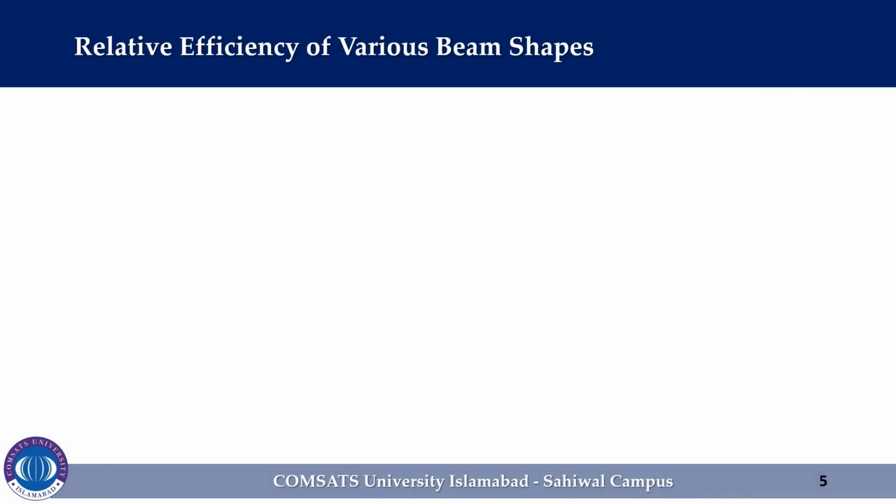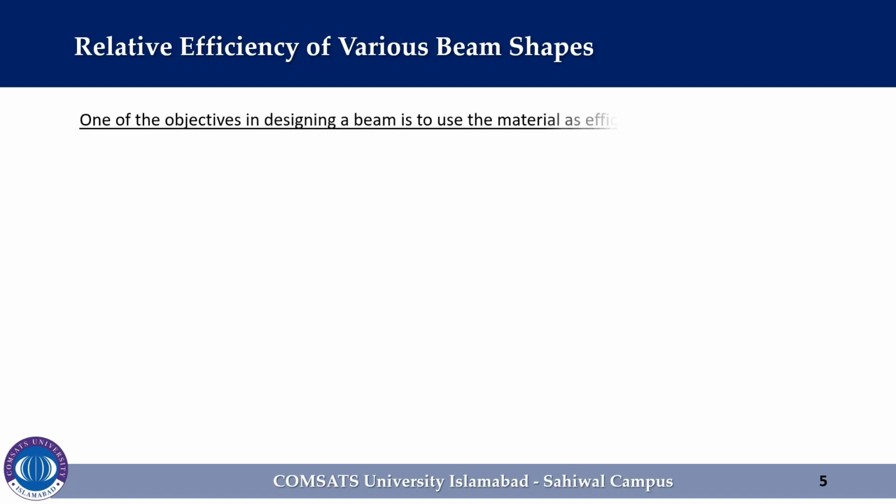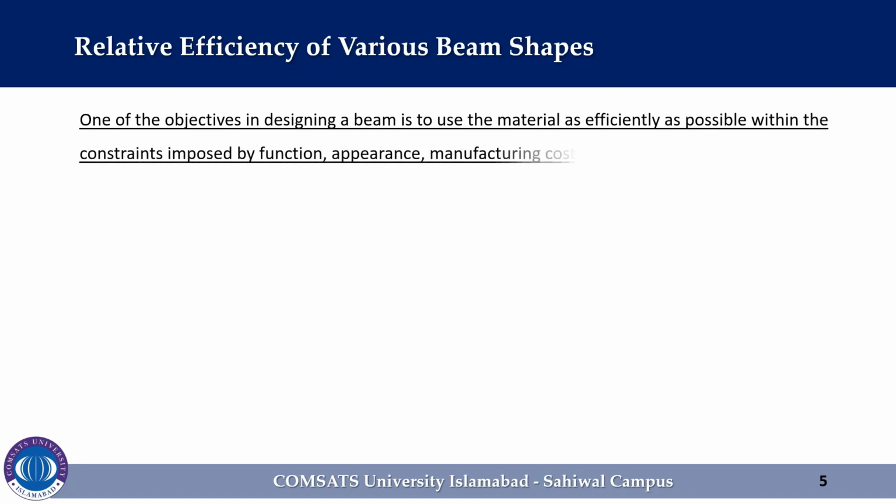Now we will move on to our next topic, relative efficiency of various beam shapes. One of the objectives in designing a beam is to use the material as efficiently as possible within the constraints imposed by function, appearance, manufacturing costs, and the like. From the standpoint of strength alone, efficiency in bending depends mainly upon the shape of the cross section.